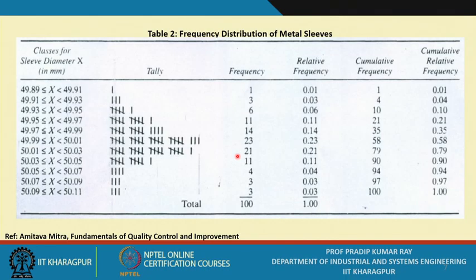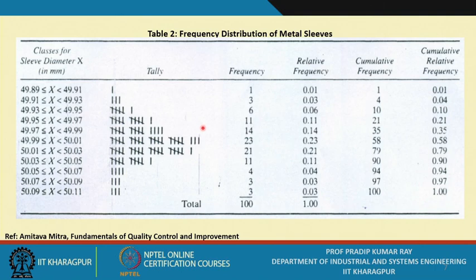So what do you do? You first try to construct the frequency distribution. Here 49.89 is the minimum value, and 50.11 is the maximum value. Is it okay? So this is the range. Now how many class intervals will you have?